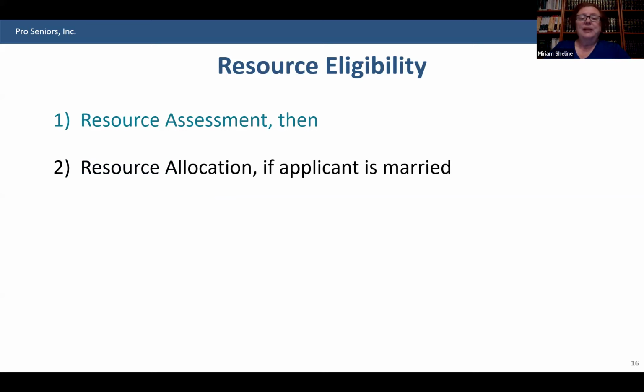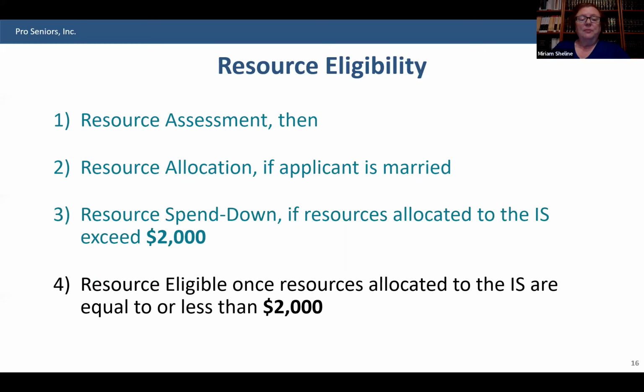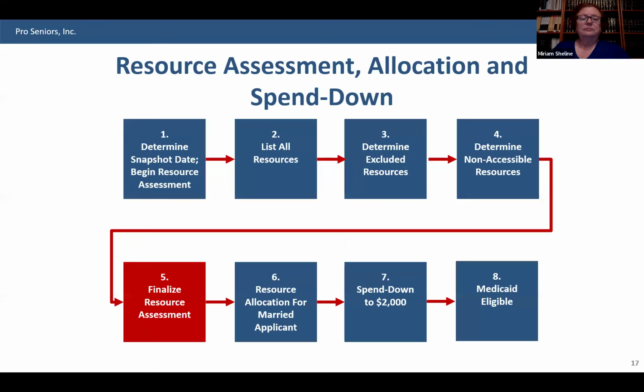Because we come up with a resource allowance for the community spouse, they then spend down the resources to $2,000 to become resource eligible. And there's our spreadsheet that we talked about before.